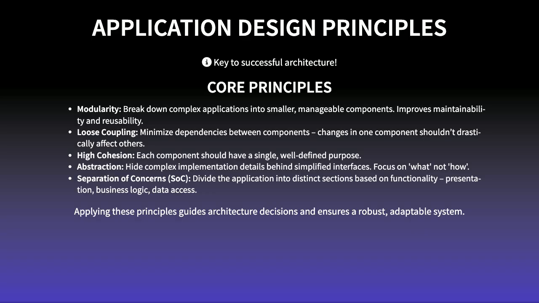High cohesion means each component should really focus on doing just one thing well. Abstraction hides the complexities of how something works, so users and developers can focus on what it does. And finally, separation of concerns, dividing your application into distinct areas like presentation, business logic, and data access. It's all about creating a flexible and manageable system.